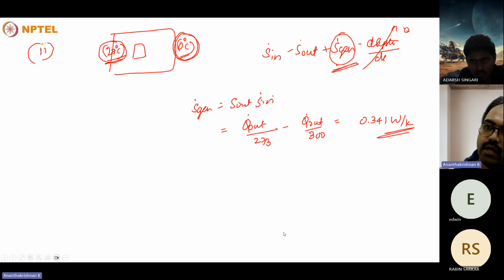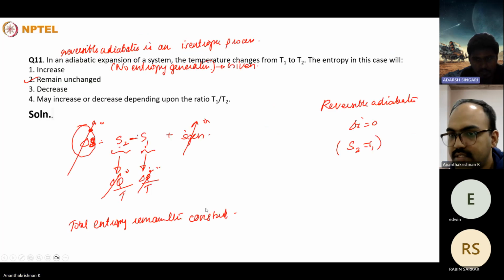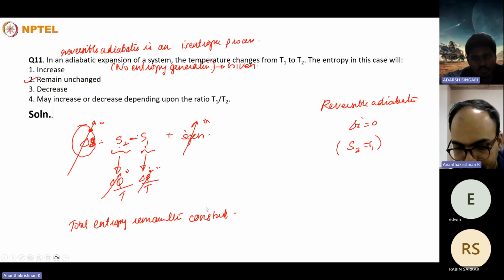But I am a PhD student, so I have to manage my time accordingly. If the NPTEL authority says that we can't take a class at that time, we will be forced to give it another time. Otherwise the class will go on.